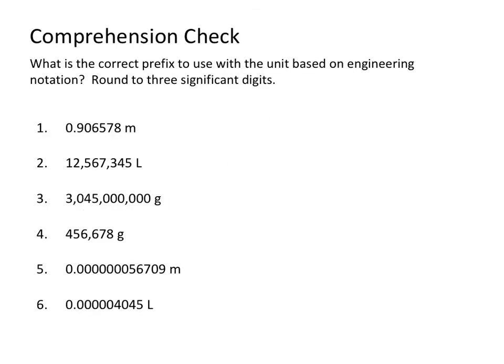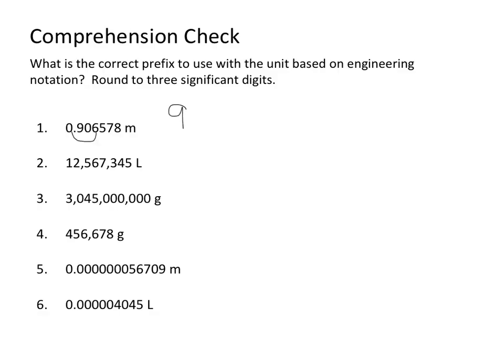On this next page, what we want to do is take this number, put it in engineering notation, rounded to 3 significant digits, and then replace the engineering notation with the correct prefix. So if we look at this first one, 0.906578 meters, if I were to put that in engineering notation with 3 significant digits, I take my decimal and move it by 3.